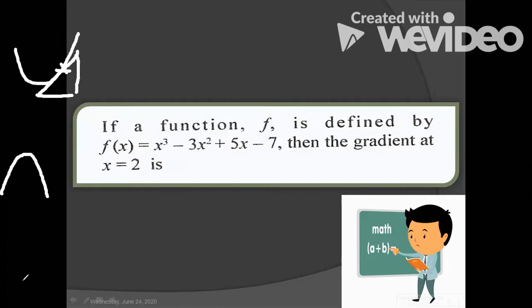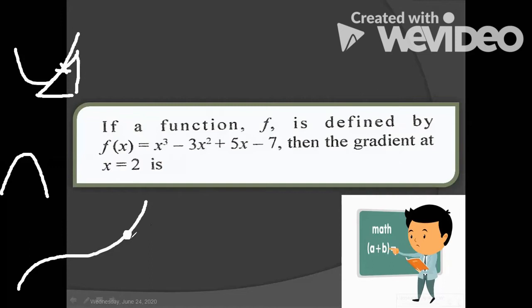Cubic functions usually look like that, or something like that. That's a cubic function, and we want to know what the gradient is at the point x equals 2.